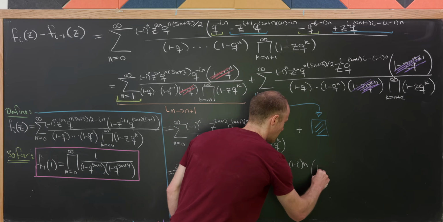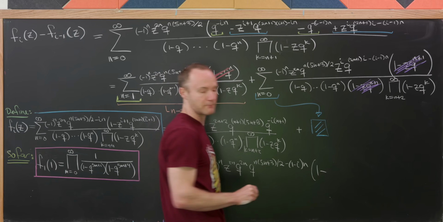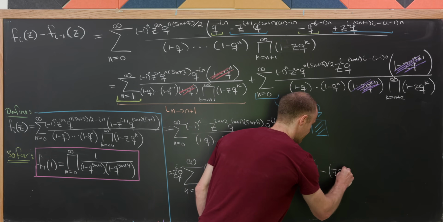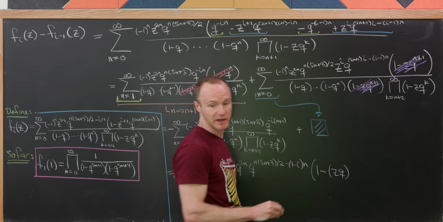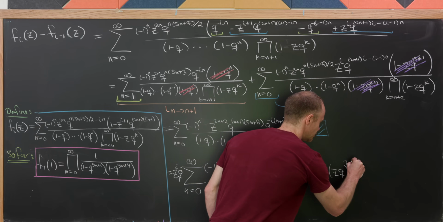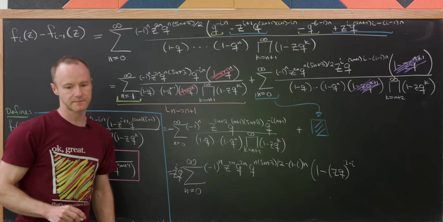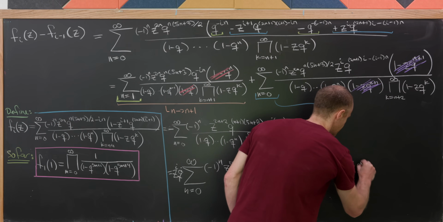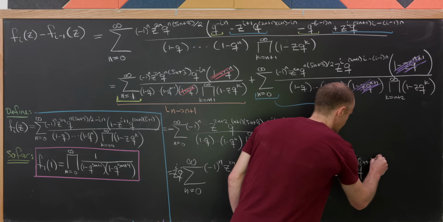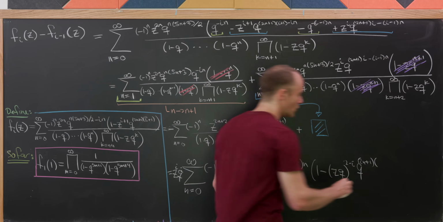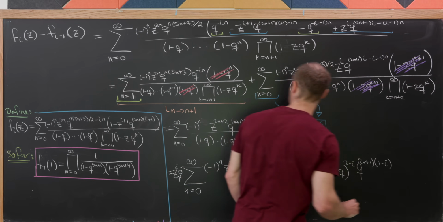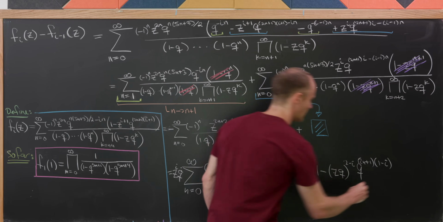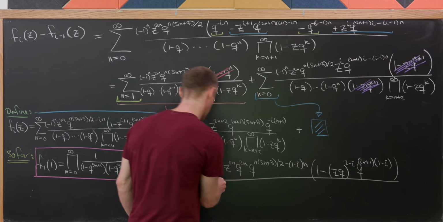And then this is all multiplied into 1 minus, now we're going to have z times q in parentheses to the 2 minus i. And then after that, we'll have a q to the 2n plus 1 times 1 minus i. Okay. And then, well, that's the entire numerator.